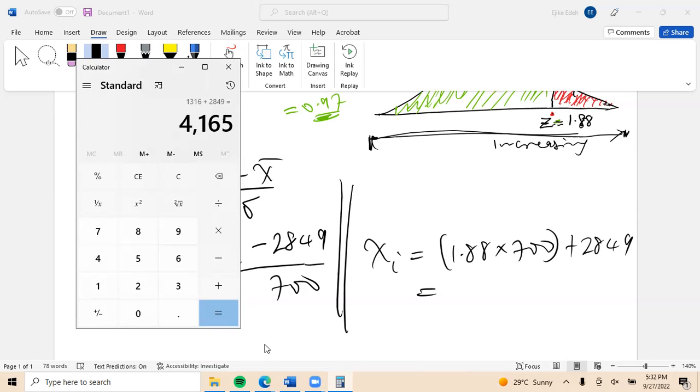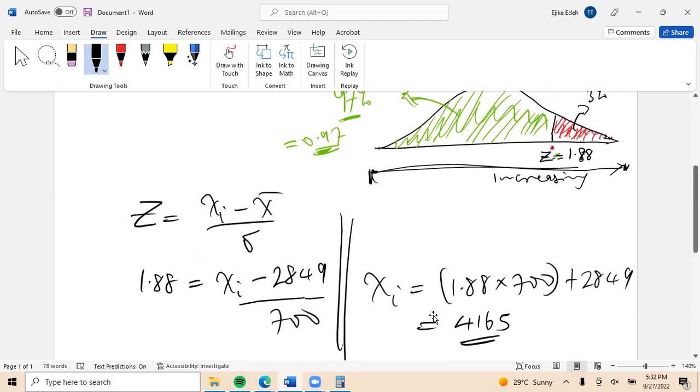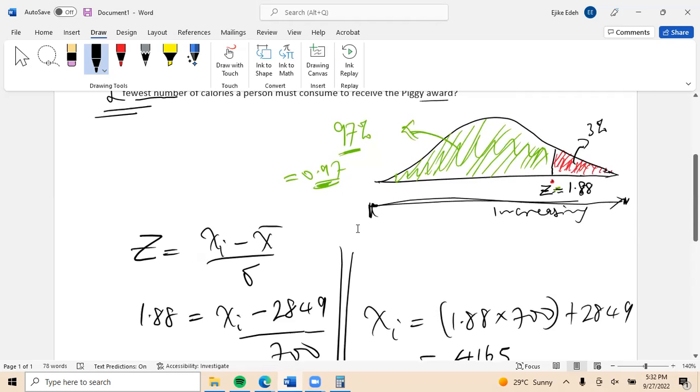Okay, so the answer to this question is 4,165 calories. So 4,165 calories is the least amount of calories that a person must consume to get this award. Anybody who consumes at least this amount or anything more than that gets the award in this question.